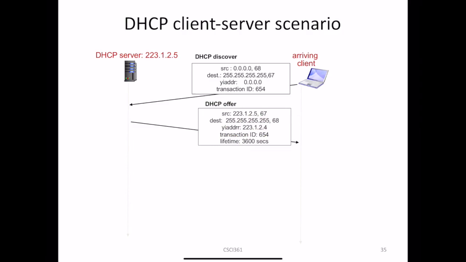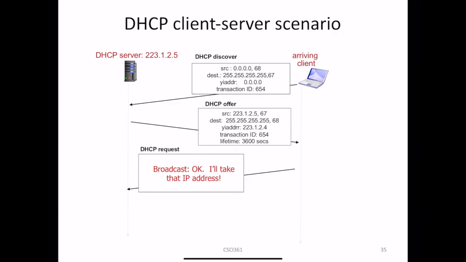Then it sends it back to the arriving client. When the arriving client receives this DHCP offer, it will send a DHCP request back to the DHCP server, also through the broadcast way, saying: okay, I will take that IP address.